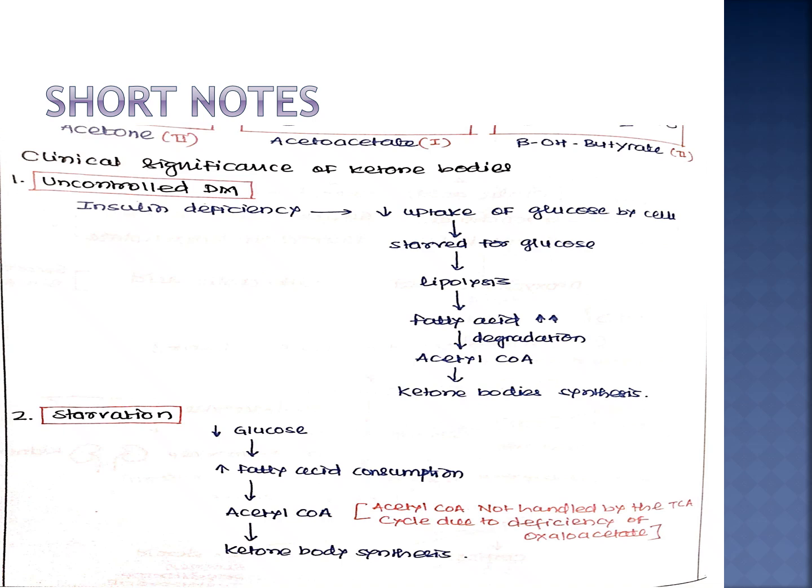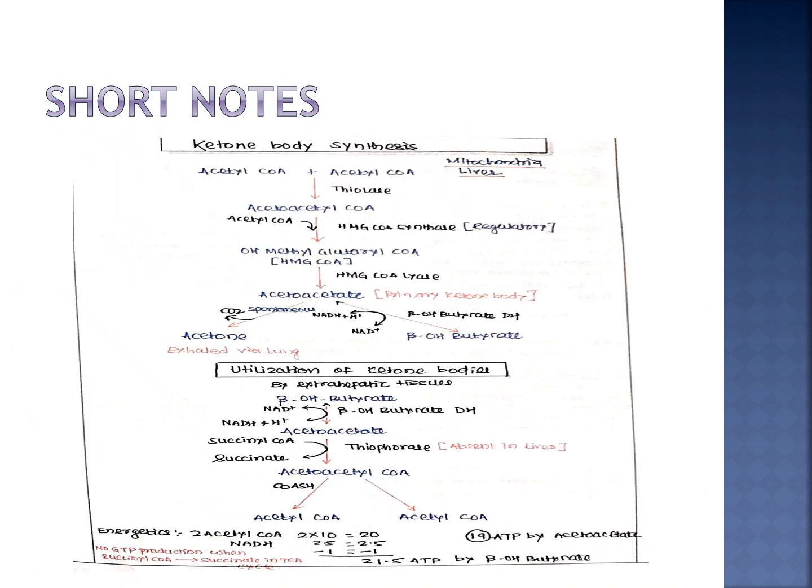So finally we get an excess amount of acetyl-CoA, which is the main one for the formation of ketone bodies. In the same starvation condition, the glucose level is reduced and fatty acid consumption increased, which leads to an excess amount of acetyl-CoA. Acetyl-CoA is not handled by the TCA cycle due to the deficiency of oxaloacetate.